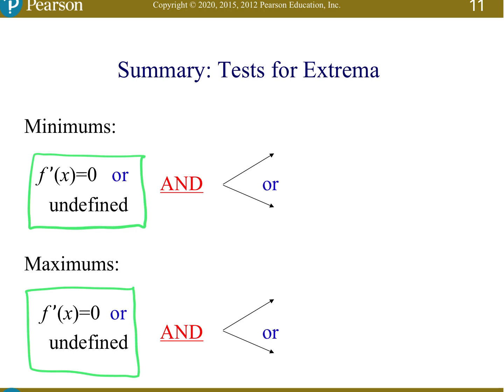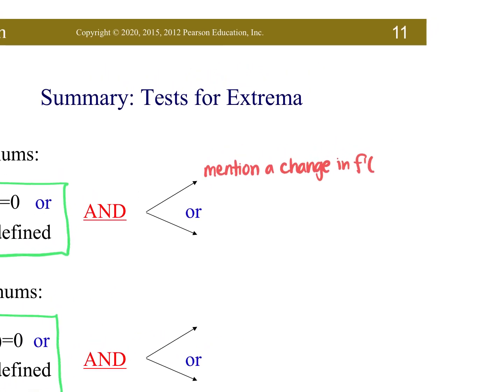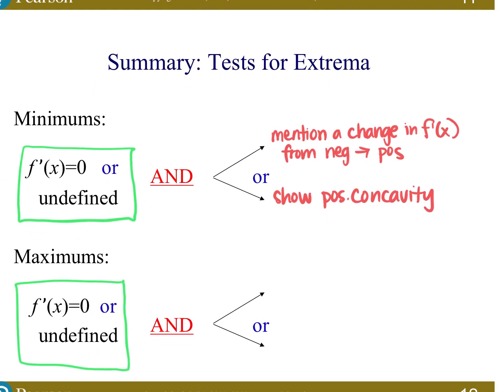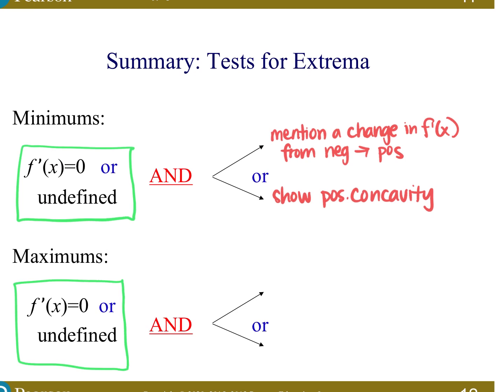You may mention a change in f prime, and that change, if we're going to be a minimum, from negative to positive. Or you can show, if it's a minimum, we need to show positive concavity. Either one of those is a legitimate justification when you want to justify.